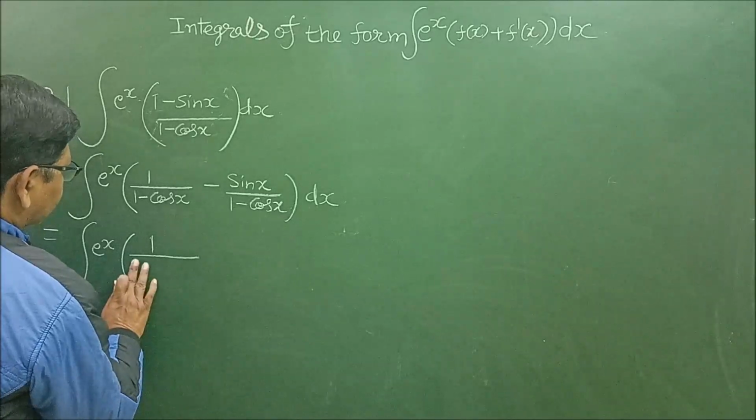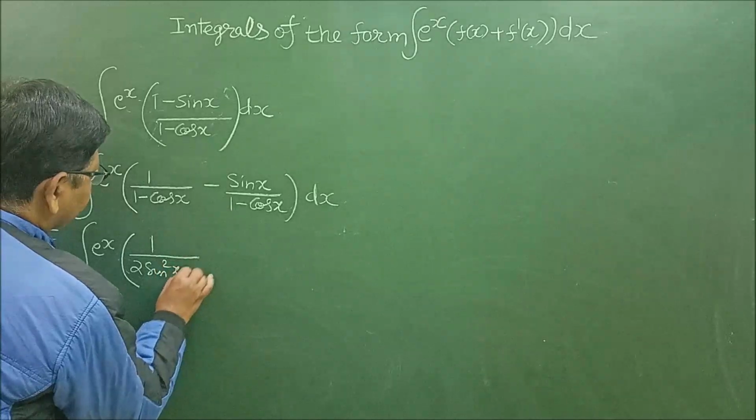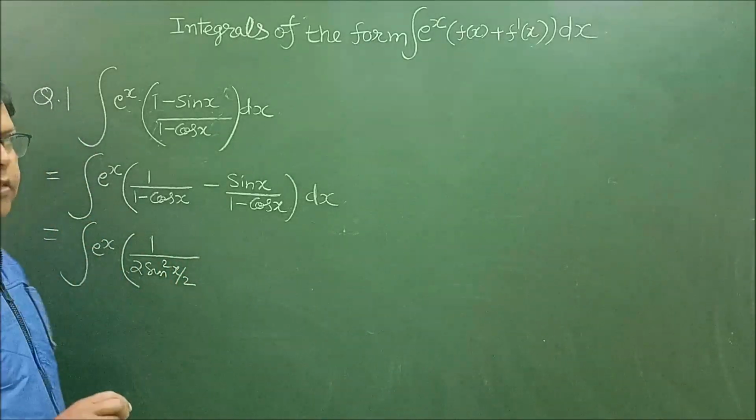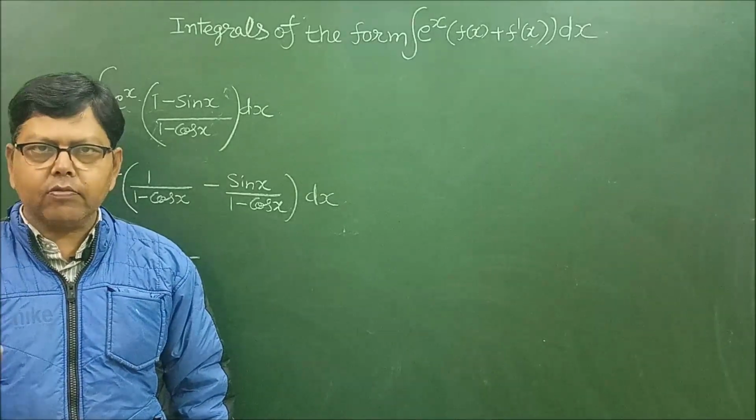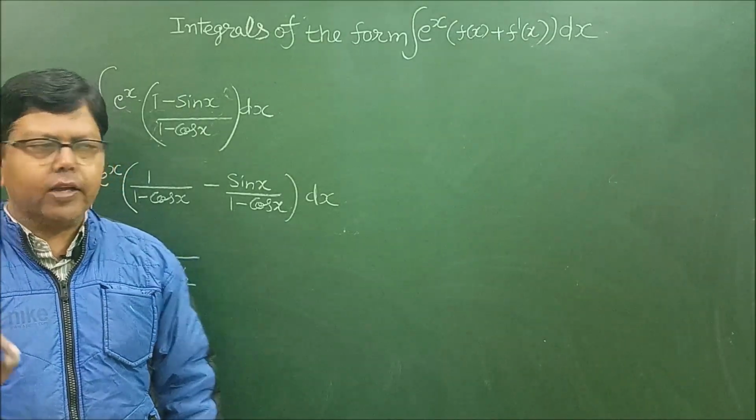Here 1 minus cos x is equal to 2 sin square x by 2, because cos x is equal to 1 minus 2 sin square x by 2, or 1 minus cos x is equal to 2 sin square x by 2.